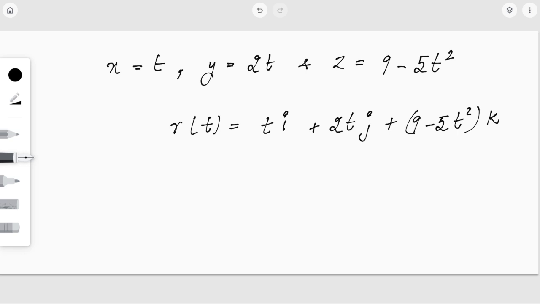We first considered the parametric equation of the curve to be x equal to t, and we substituted x equal to t in the given surfaces y equal to 2x and z is equal to 9 minus x square minus y square, and found the parametric equations of the curve, that is x equal to t, y equal to 2t and z equal to 9 minus 5t square. And using these parametric equations, we could find the required vector function. So this is how we can solve the problem.